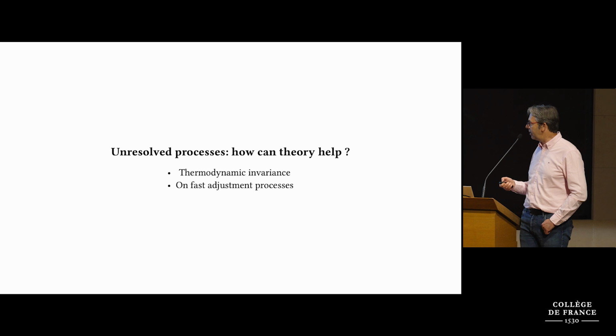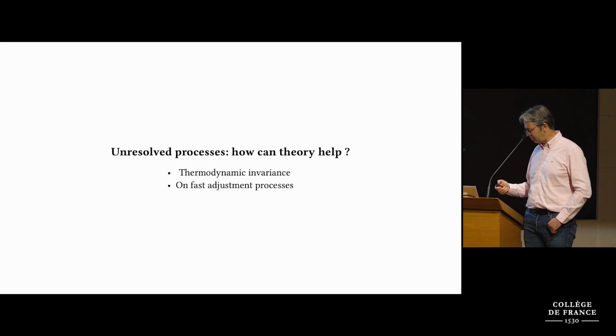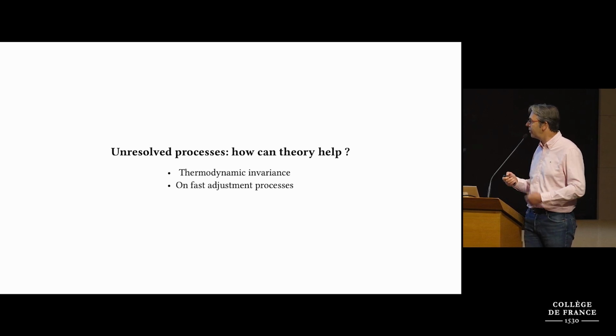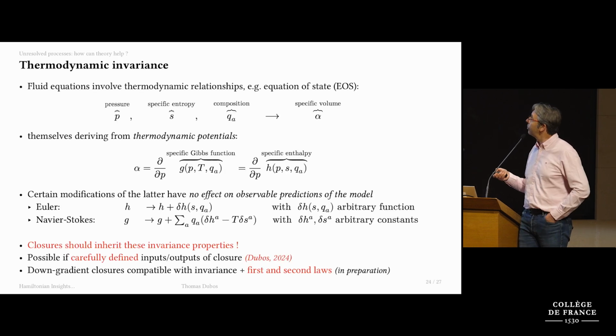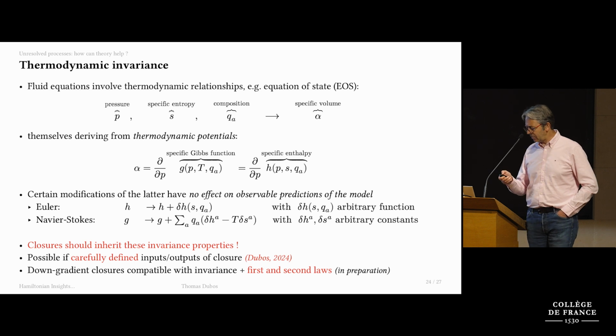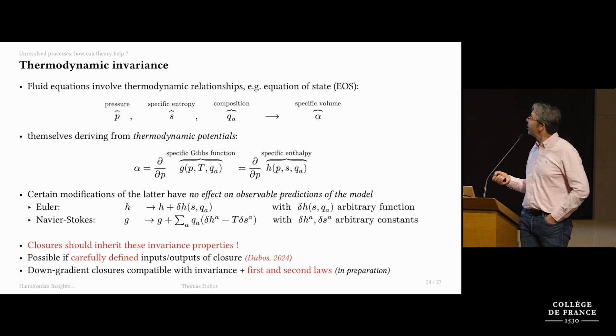So can we do better? So I will try to show that there are maybe some modest ways forward to provide some insight into building these closures. So one possible avenue is to identify less obvious invariance properties. And so I will mention one of my recent works on this.